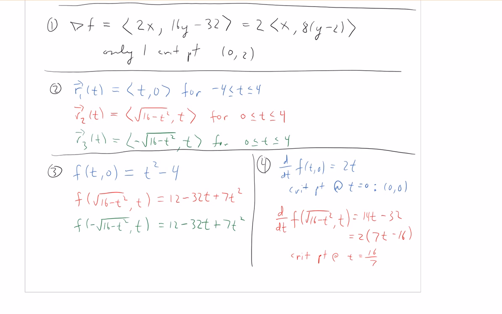And it's not too hard to see, I won't write it out. For the green one, the function was the same. So we also get the critical point at t equals 16 over 7 for the third part. And its x-coordinate will be the negative of the one that we got in the red part.